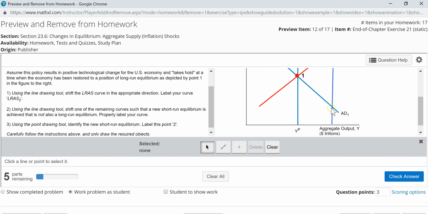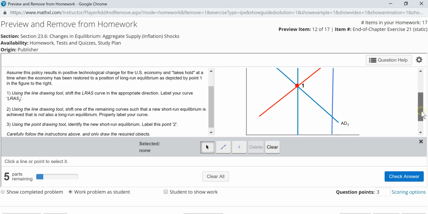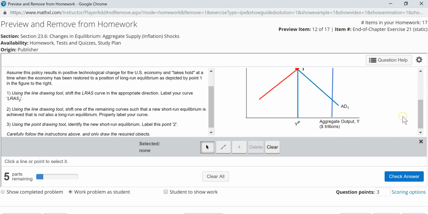So this point here is the new long-run equilibrium. Compared with the initial equilibrium point 1, we see that the current output is lower than the potential level.